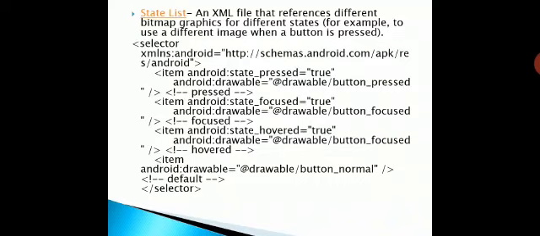For that, instead of using a list, you use the tag selector. In that selector you can see that for a button, when the state is pressed as true, the drawable will be this one, and if the state is focused as true, the drawable will be this one, and if the state is hovered as true, then another corresponding drawable will be drawn.